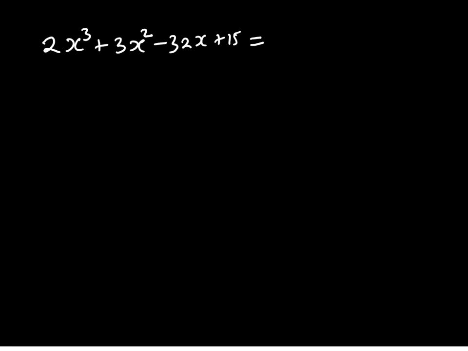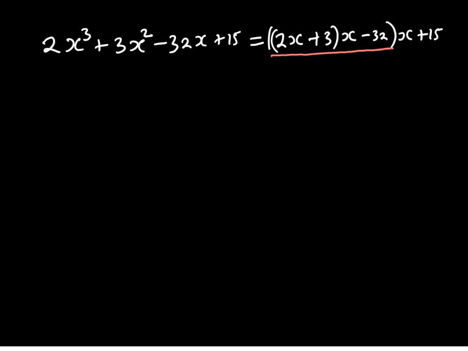The idea should be, if you want to guess the x values, that you can substitute and get 0. Write this in nested form. This is 2x plus 3, multiplied by x, minus 32, now multiply the whole thing by x, and then add the 15. So this is where the idea develops from.